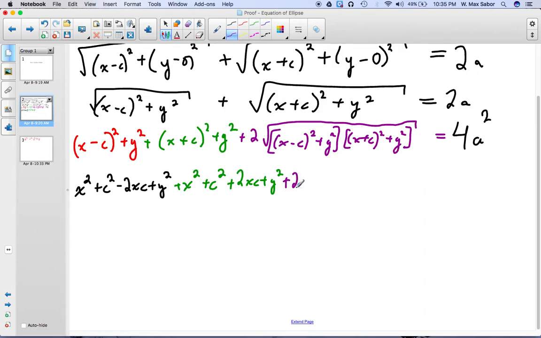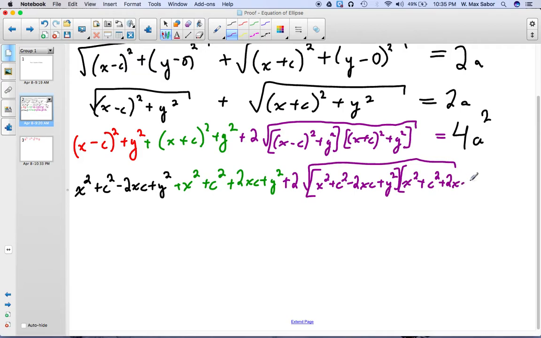Underneath the radical, we get a similar thing going on. x squared plus c squared minus 2xc plus y squared, times x squared plus c squared plus 2xc plus y squared, equals 4a squared.